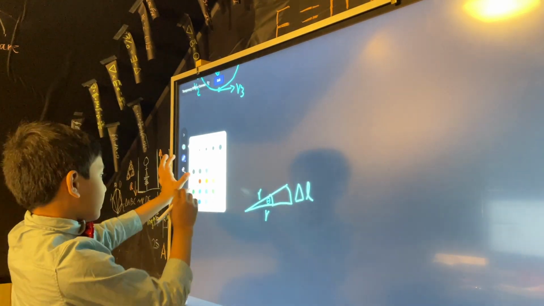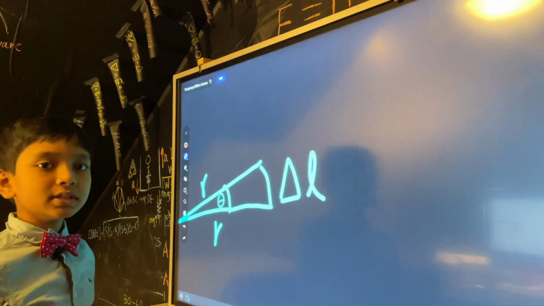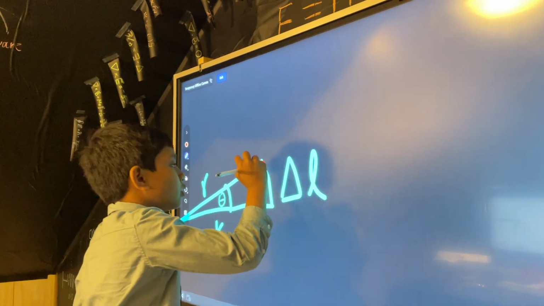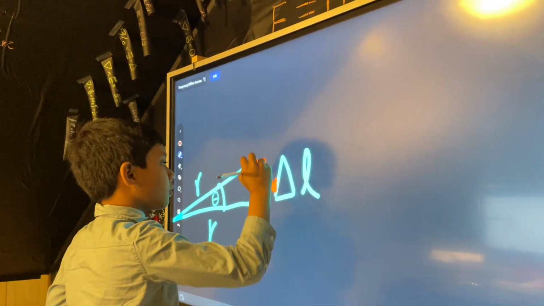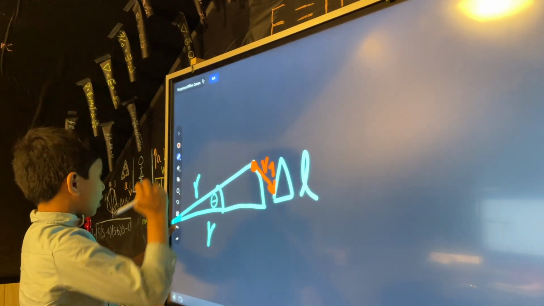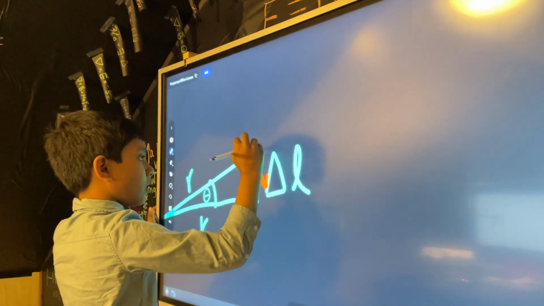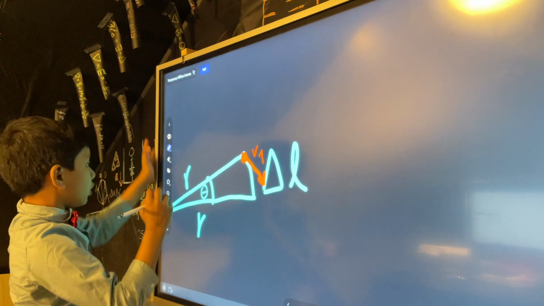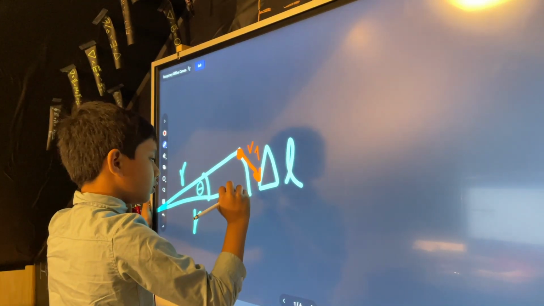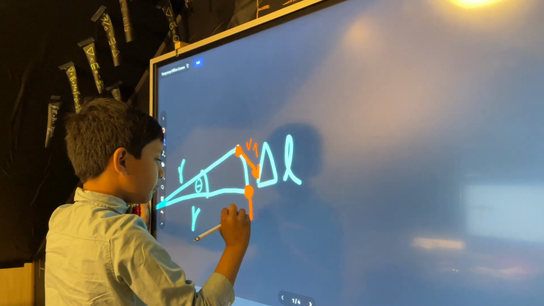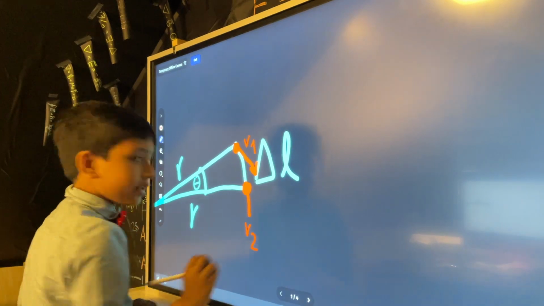But let's say that we wanted to draw the velocities at different points. As the velocity is always going to be tangential, then the velocity would look like this at the start. We'll call this V1, not to be confused with the V1 we saw at the beginning. And we'll call the other one V2, not to be confused with the V2 in the beginning either.